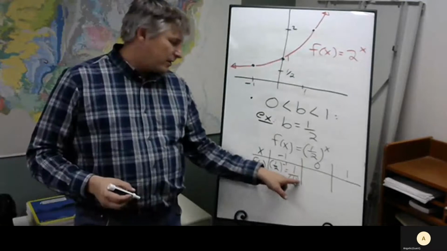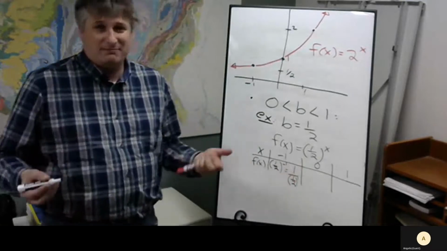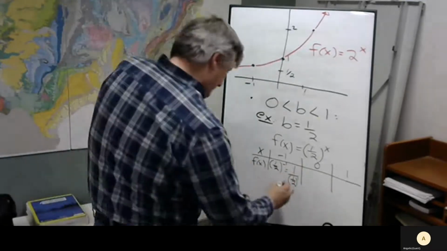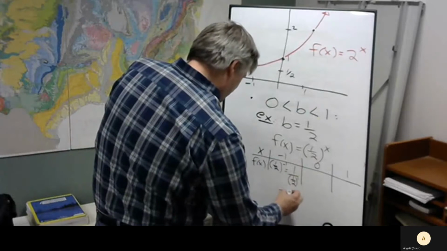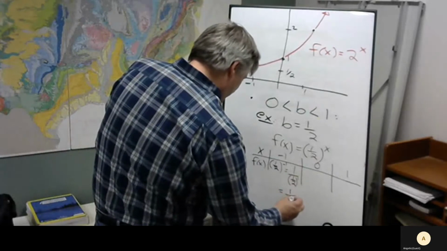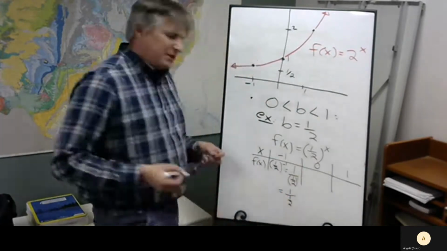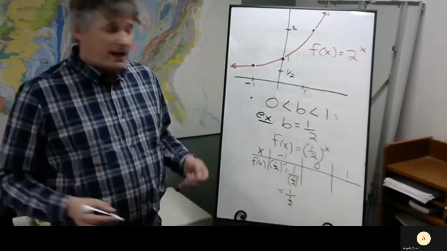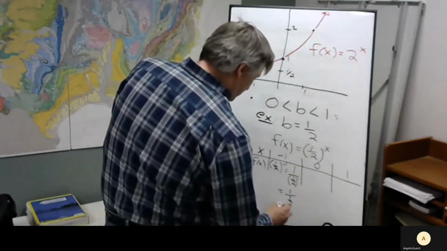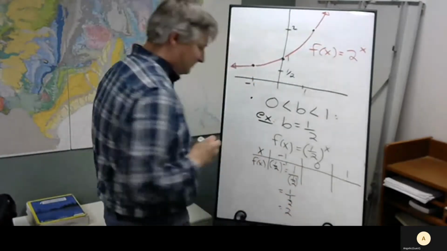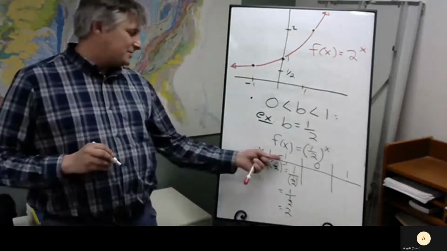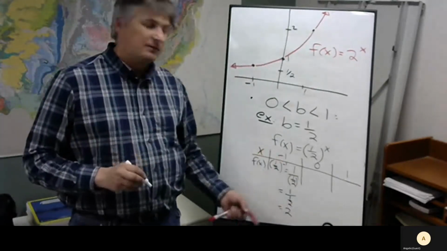And then anything to the 1 power, well, that's just that number. So that's 1 over 1/2. And if you take your calculator, divide 1 by 1/2, you're going to get 2. So when x is -1, f of x is 2.